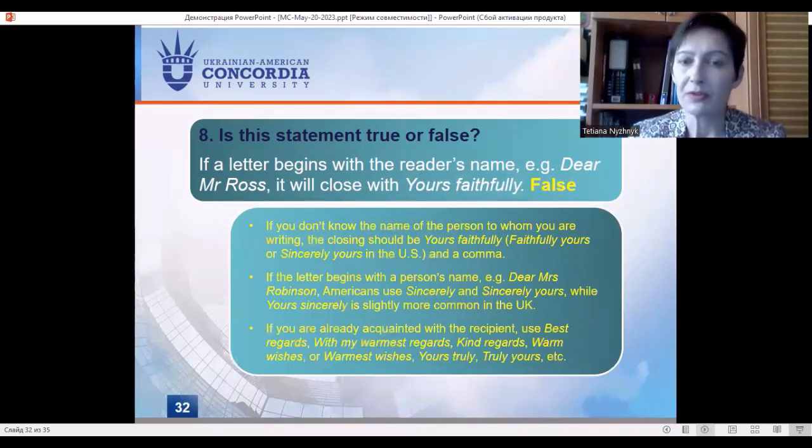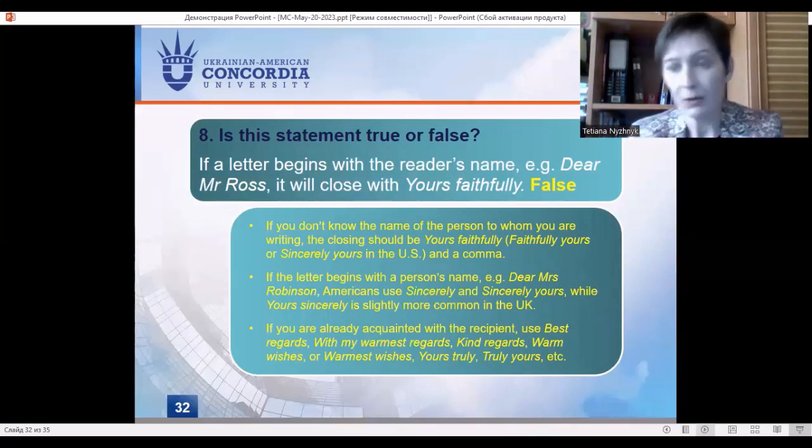It's possible to use yours faithfully when you do not know the name of the person, that is, if you greet the reader with dear sir or dear madam. If you use the name, then you should not use yours faithfully.